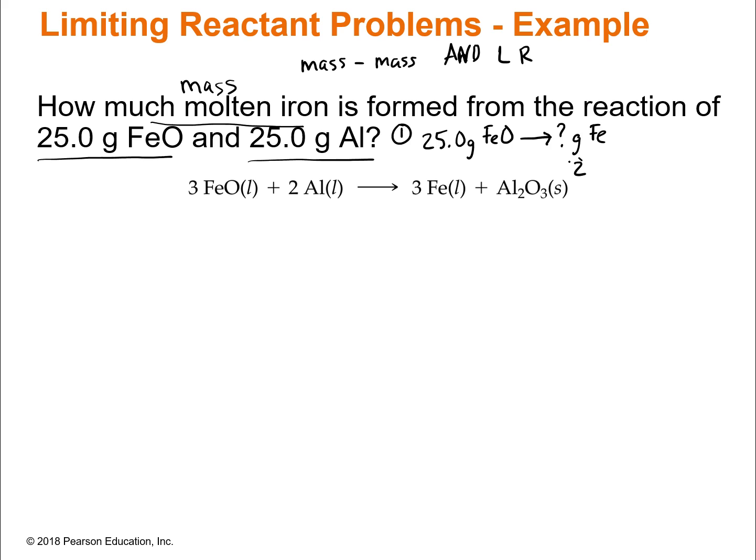For the second one, we're taking 25 grams of aluminum and figuring out how many grams of molten iron we can make from that. So it's very similar to what we just did, where we solved two problems and then we choose the one that makes the least amount of product. So I'll walk you through it. I'm going to ask you some questions along the way.